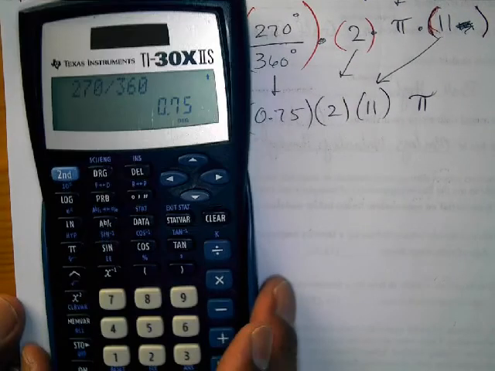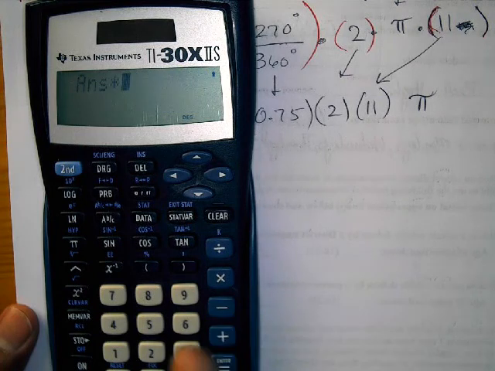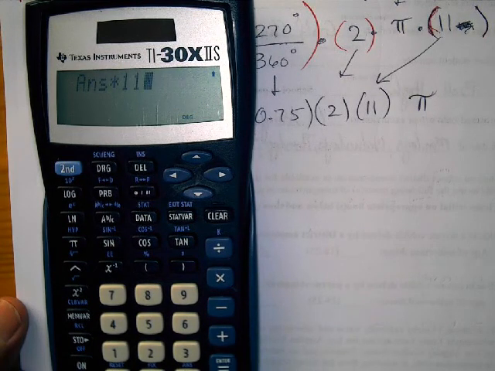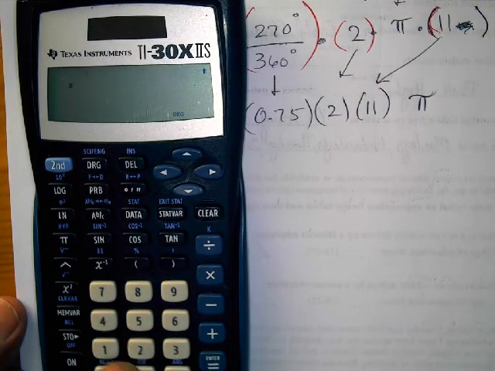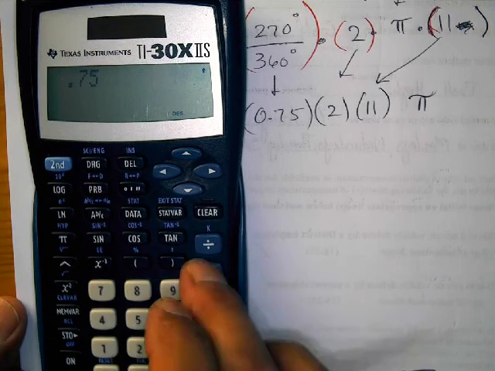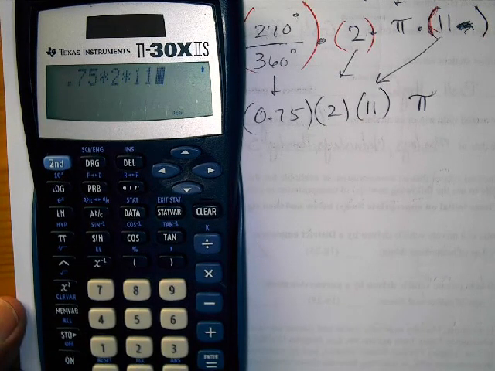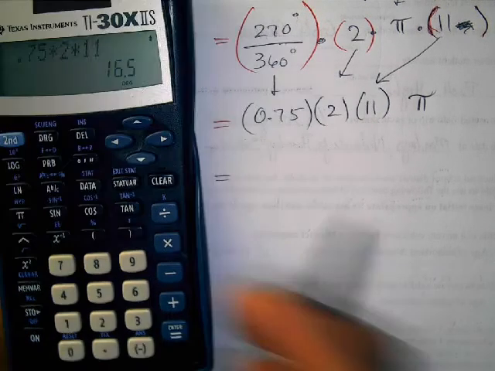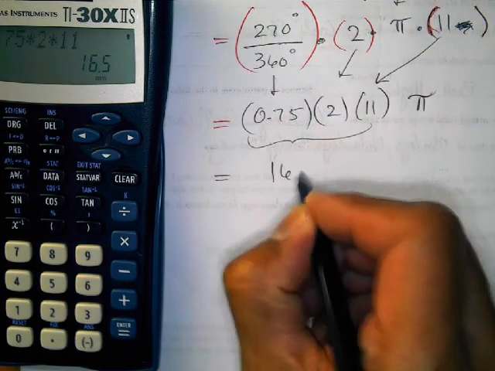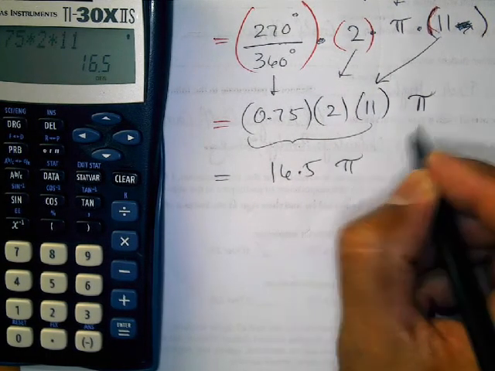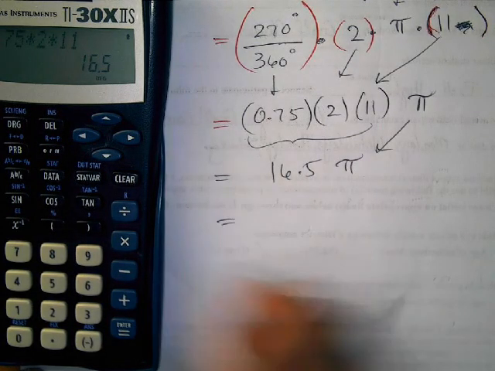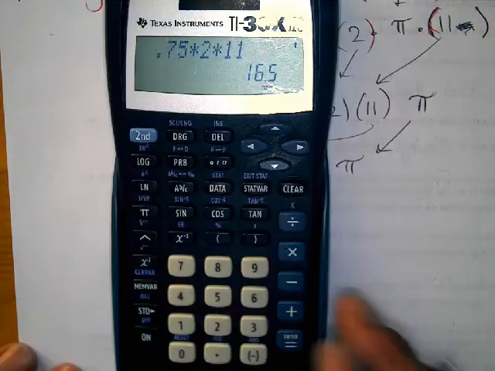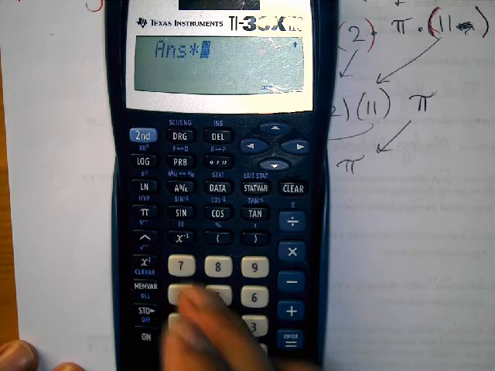I got the 2, I got the 11, and the pi, just put it in the back. So 0.75 times 2 times 11 is 16.5. I got 16.5 so far, and I haven't multiplied the pi.